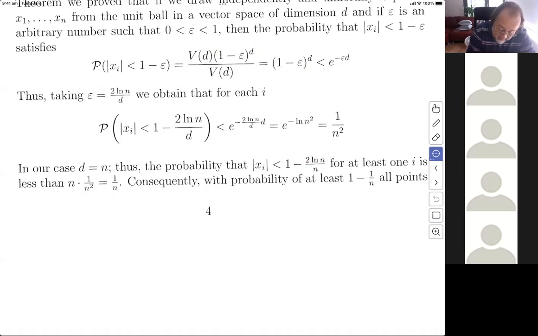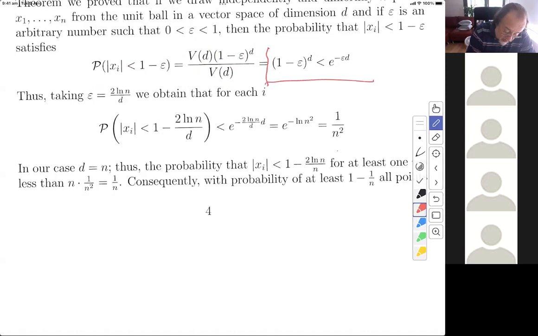And then this is, and it is in the notes, a very important inequality often used in randomized algorithms, that (1 minus epsilon) to the d is smaller than e to the power minus epsilon times d, right?